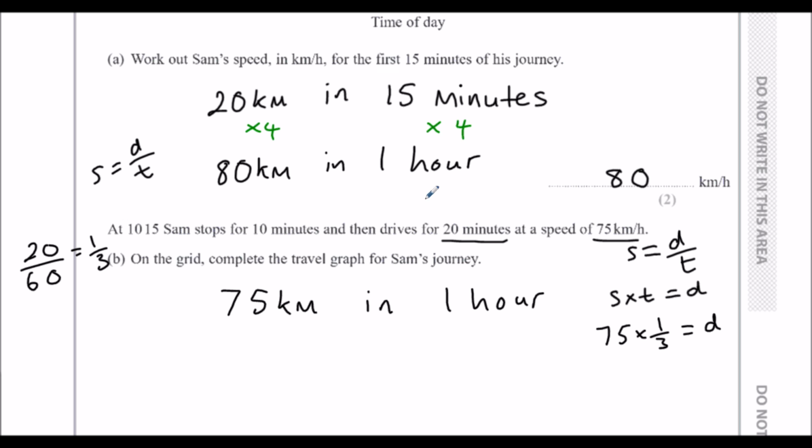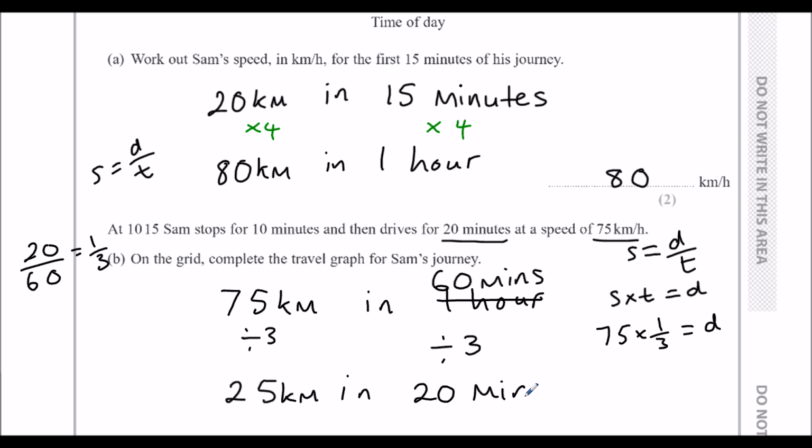It's the same calculation, but saying there are 3 20 minutes in 1 hour, because this is 60 minutes, divide by 3. So 75 divided by 3 is 25. So 25 kilometers in 20 minutes.